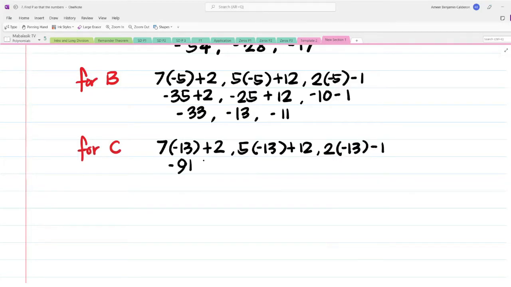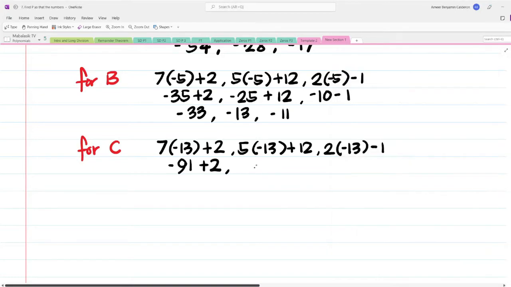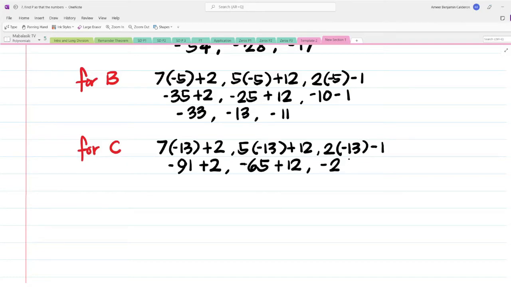Negative 91 plus 2. 5 times 13, 65. So that is negative 65 plus 12. And then we have negative 26 minus 1. So this is negative 89. So this is now negative 53 and a negative 27. Let us check the differences now.